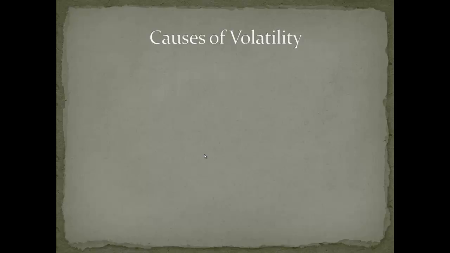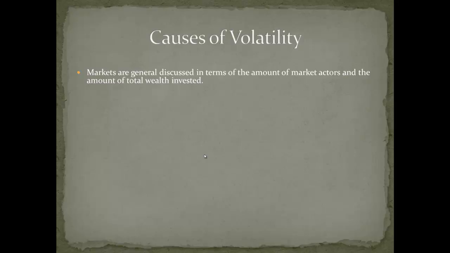So volatility is something that we as investors tend to think about on a pretty regular basis. Markets generally are discussed in terms of the amount of market actors and the amount of total wealth invested. Okay?